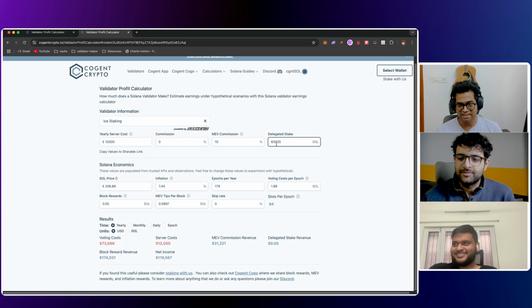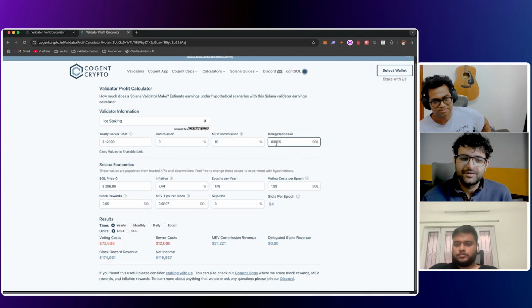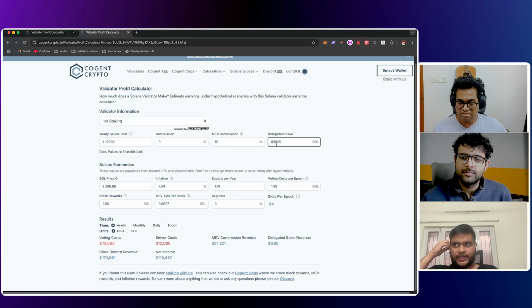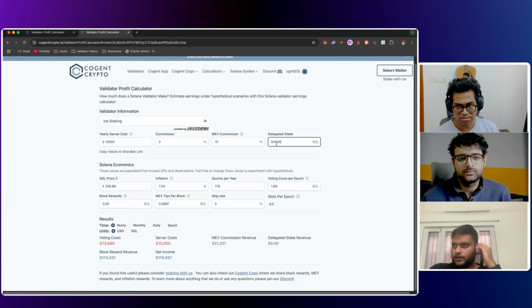And my node is not even considered heavy stake. To get heavy stake, you have to be in the 150 to 180K SOL range and more. I'm missing some 100K, so I'm one of the small guys in that sense.